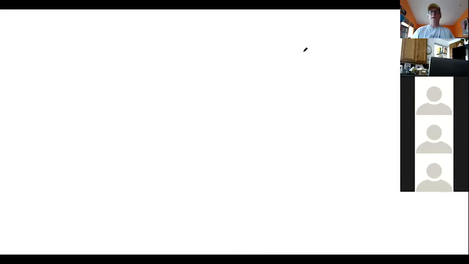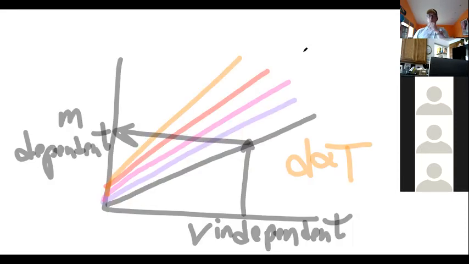Oh, let me undo. So what should our y-intercept be for all of these measures? For all these different plots that we're going to do, what should the y-intercept be? Are they all going to be different? So is the y-intercept dependent on the density? They're all going to be different because they're dependent on the volume, right?